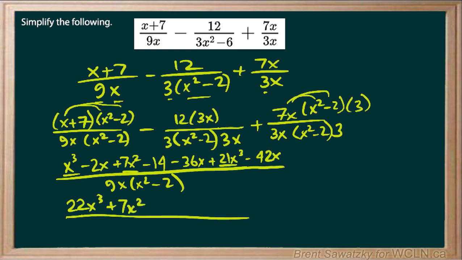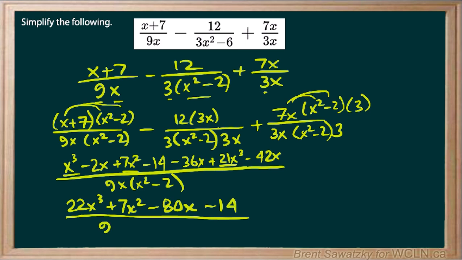And then x's, we have minus 2 minus 36 makes minus 38. And then minus 42, so the 2 would bring us up to 40, and then another 40 is 80. So minus 80x. And then we're just left with 14 out at the end.